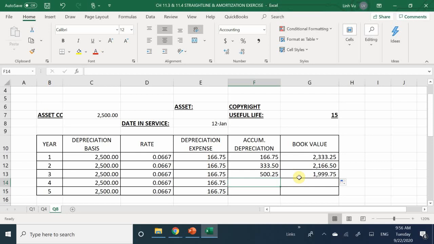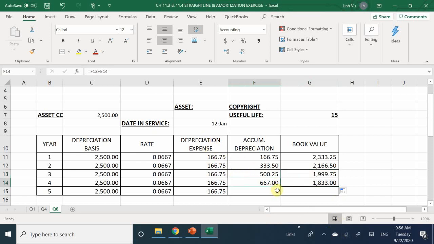Okay. So, let's go ahead and solve for the rest. What's the fourth year's accumulated depreciation? $667 even, giving me a grand total of my book value to be 1833.